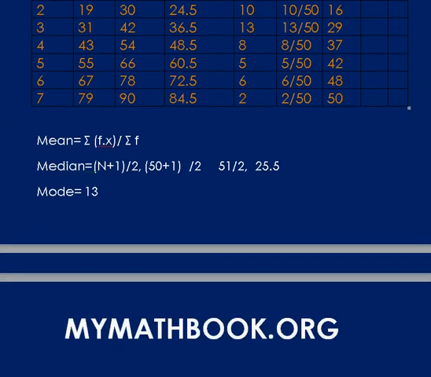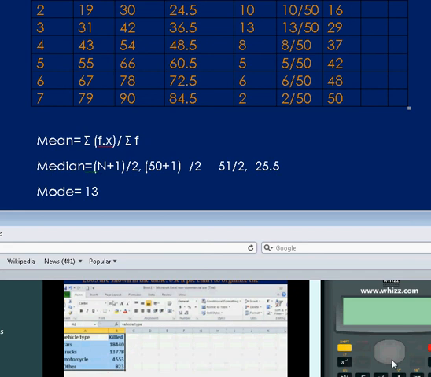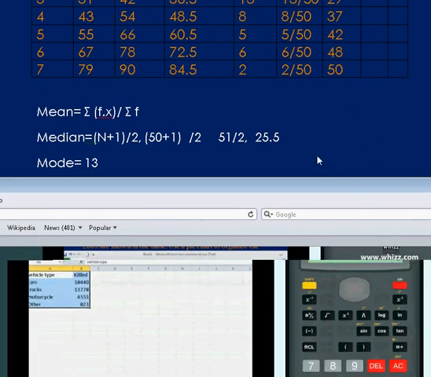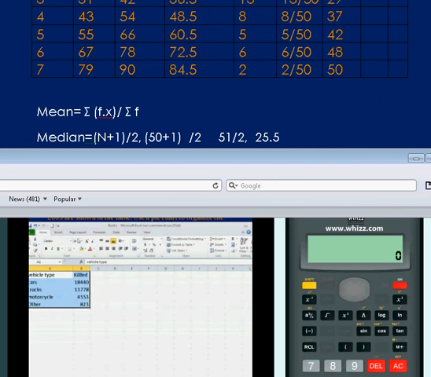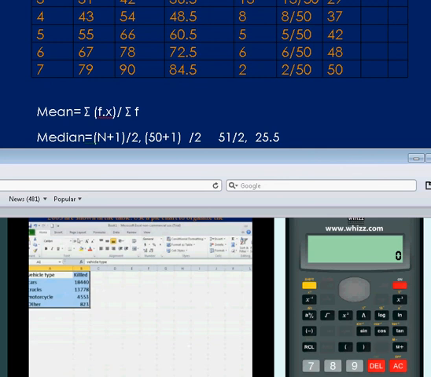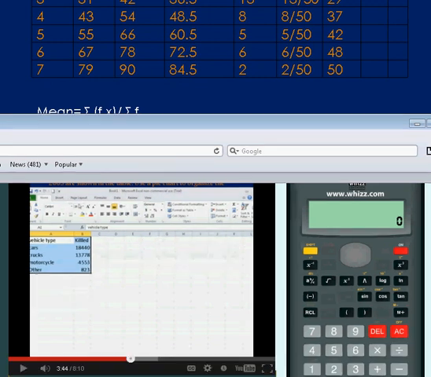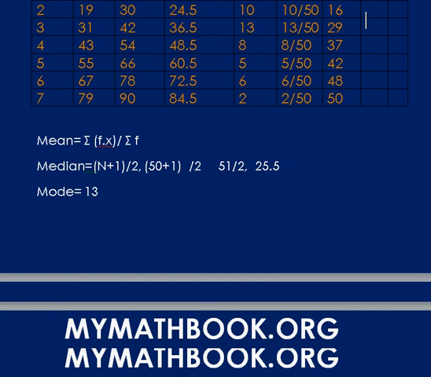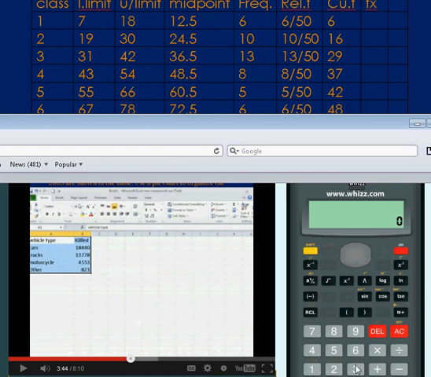Let's go up here a little bit. So you're going to have 6 times 12.5, and that gives us 75. So you write 75 here.